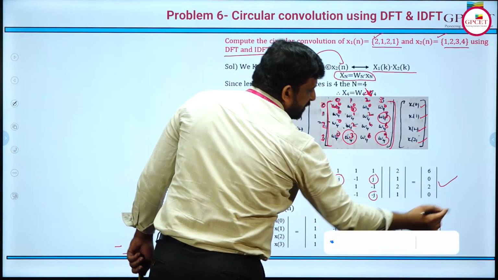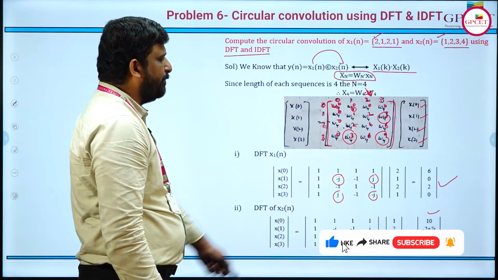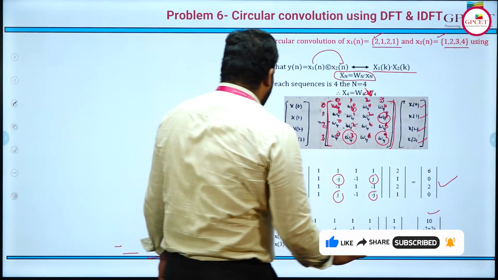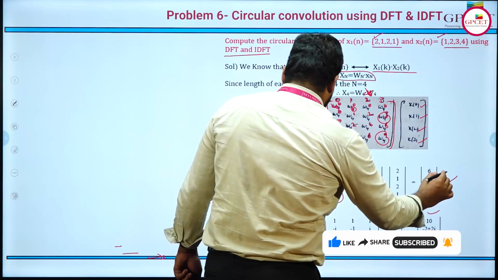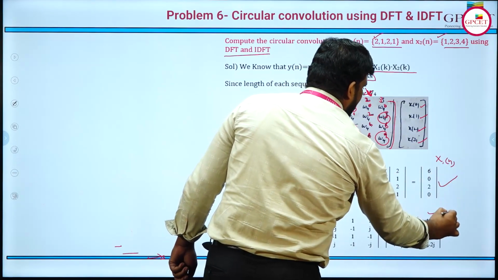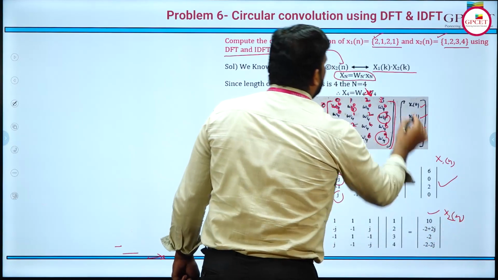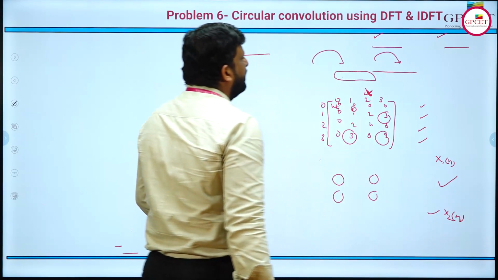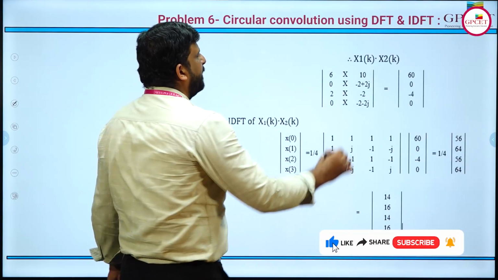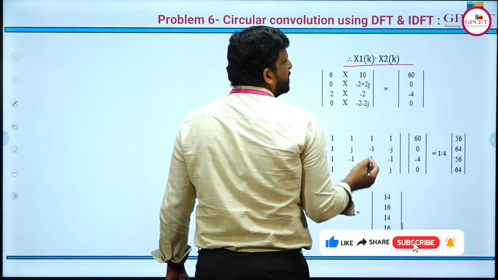What I got here? 10, minus 2 plus 2j, minus 2 and minus 2 minus 2j. So I got two terms, that is X1 of k and X2 of k. Now what should I do? I need to do X1 of k into X2 of k.